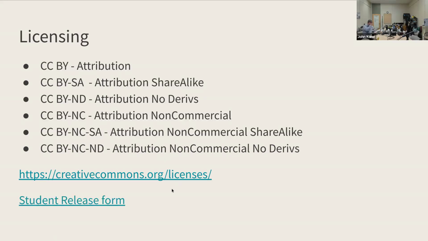And this was something where, if you have students creating work, or if they're going to be in videos or in podcasts, in principle, you might want to ask them for a student release, where they sign a form that gives you permission to share that publicly, so that they can't come back later and say that they were kind of forced to do this or that you didn't have their permission.